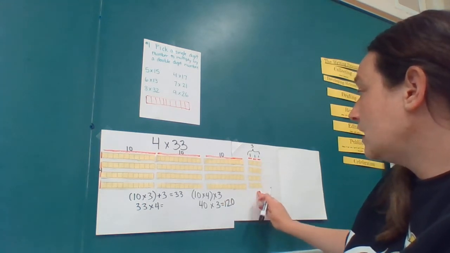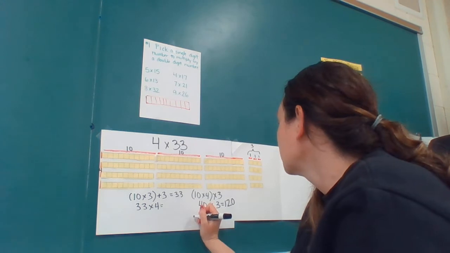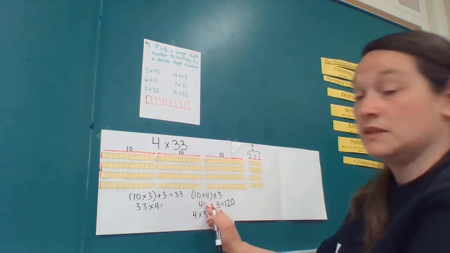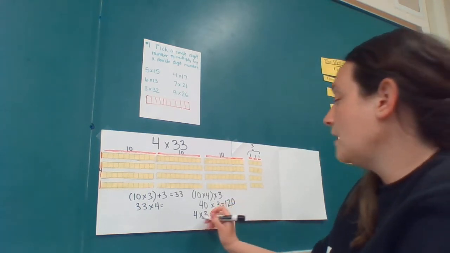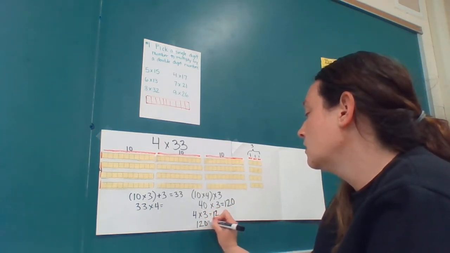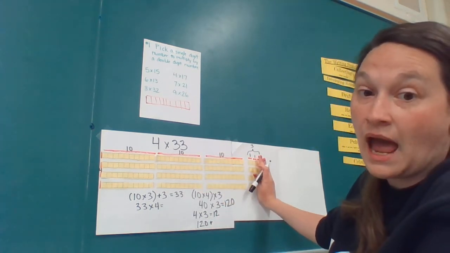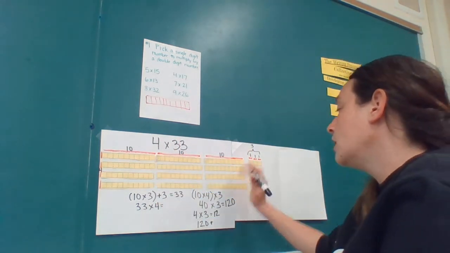That's my placeholder, so I can add that here. And now, over here, I have 4 times 3 here. And we just solved it up here was 12, so I know this is 12. So now all I have to do is 120 plus, because I'm not multiplying these two together, I don't have that many groups of this, I'm adding the 10s and the 1s together.